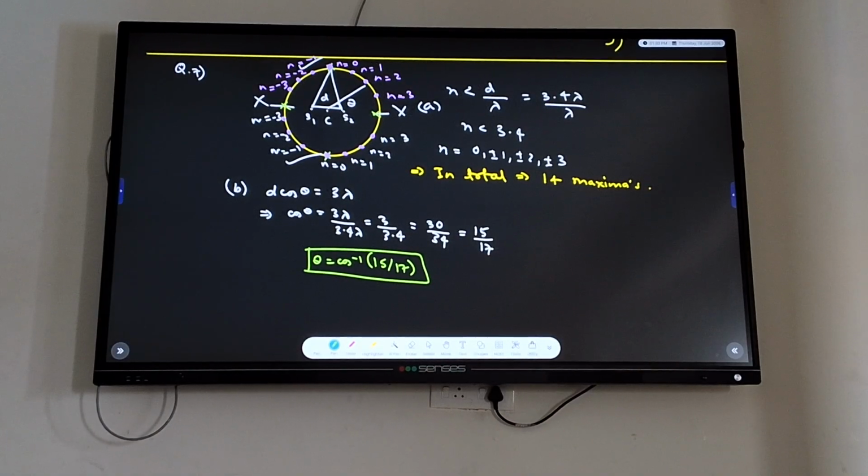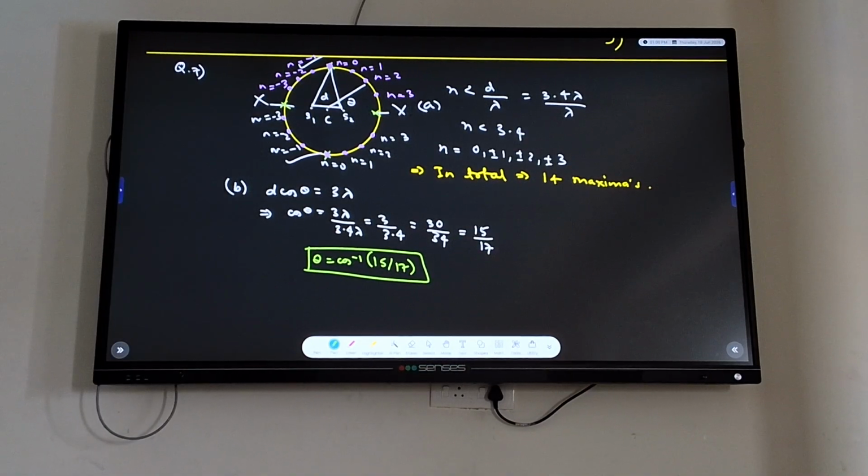ये S2 है, ये S1 है. They should meet somewhere such that this should be something like d whatever, cos theta, sin theta, whatever. Should meet here, na? See, does it matter if I put it here or here or here or here?